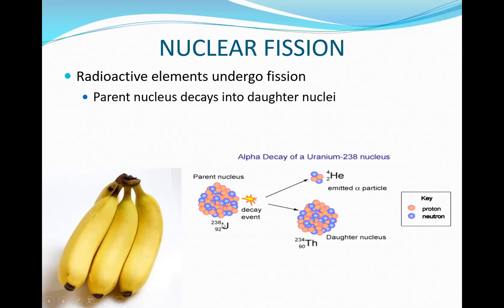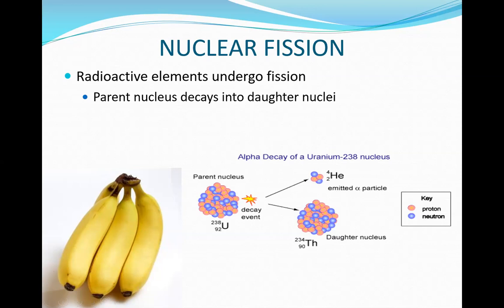And this number 238 is the nucleon number, or the total number of particles within the nucleus, protons plus neutrons added together. What you'll notice is that this one single nucleus, called the parent nucleus, fissions, decays, splits into 2 daughter nuclei: something called thorium, which we don't care too much about in this class, and then helium, interestingly enough, historically called an alpha particle in this case.